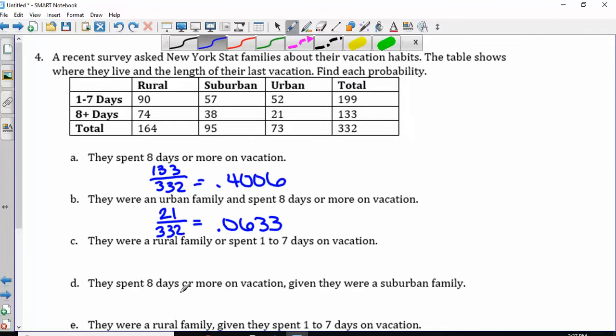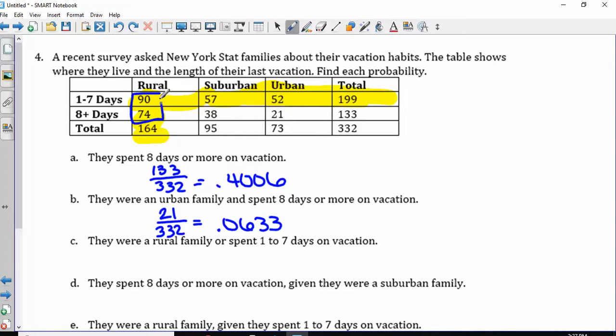C, the probability that they were rural or spent 1 to 7 days. So it could be rural, it could be the 1 to 7. You don't have to use the formula, you can just add up how many people am I talking about. So these 90, if you just add the 164 and the 199, what's wrong with that? You double counted those 90 people.